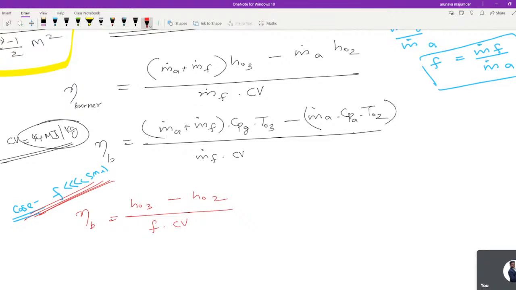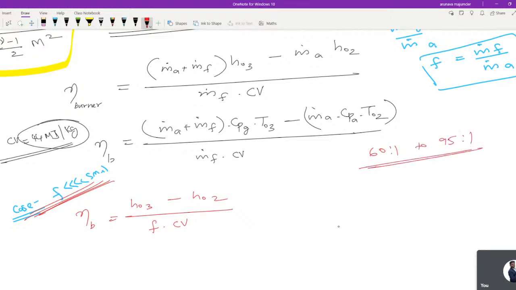Sometimes they have repeatedly asked the concept from here, so do not skip this formula. Definitely one question will be coming. And if they ask what the air-fuel ratio is, it is almost from 60 to 1 up to 95 to 1.